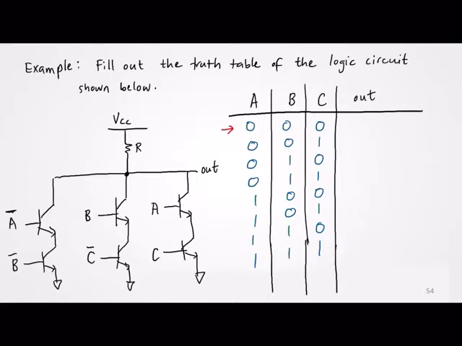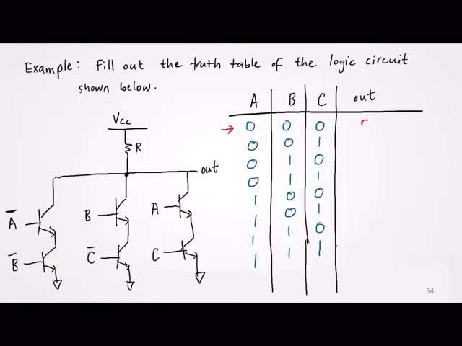So 0, 0, 0 means the A bar transistor would be on, the B bar transistor would be on, and the C bar transistor would be on. The rest are not, because when your input is 0 at A, the transistor is on. So that means there is a path from the output to ground through this branch. When you have a path to ground, what logic is that?